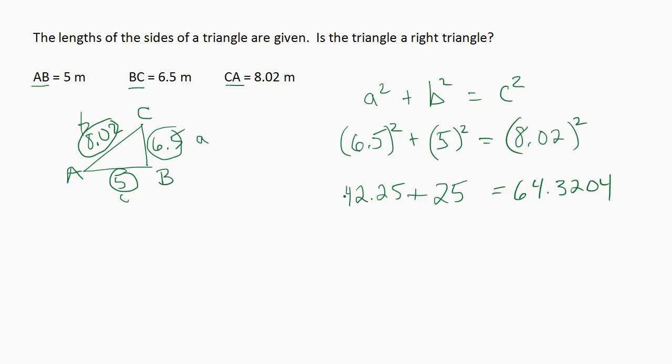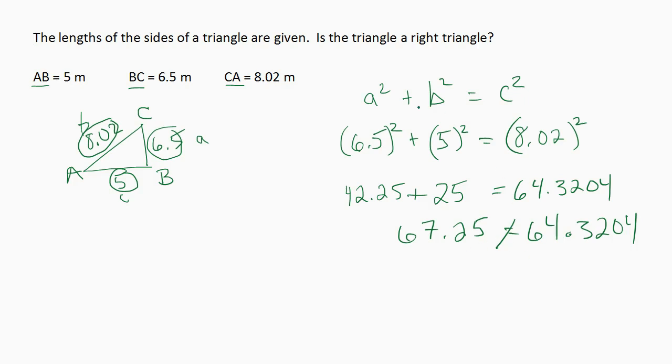Let's check. Looks like it's going to be close anyway. 42.25 plus 25 ends up equaling 67.25, and the other side is 64.3204. Now, is 67.25 actually equal to 64.3204? They're kind of close, but no. They're not equal to each other.